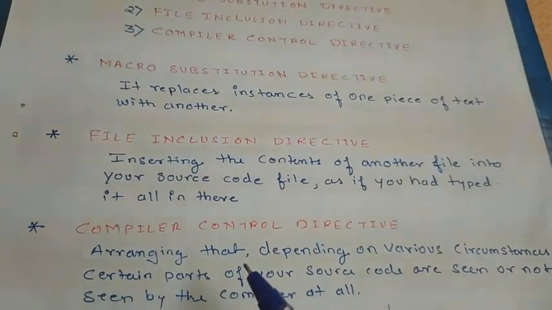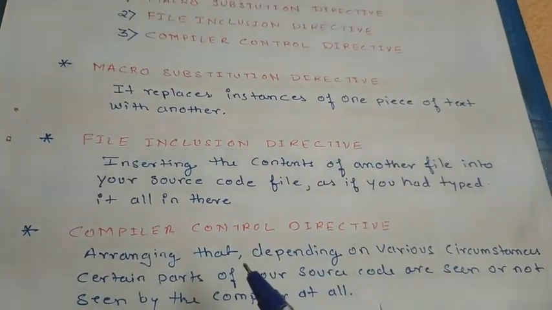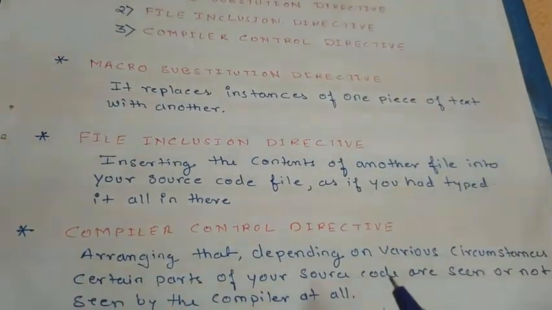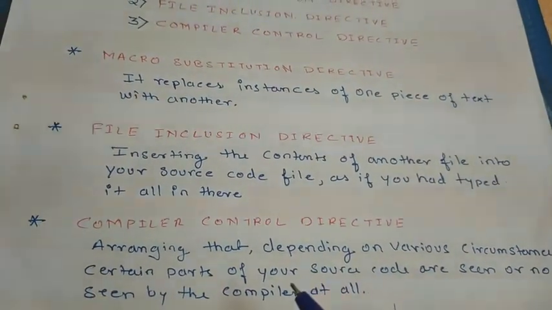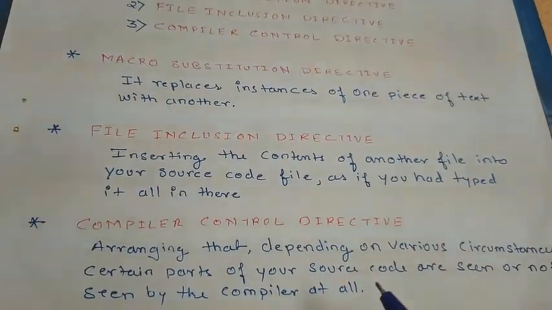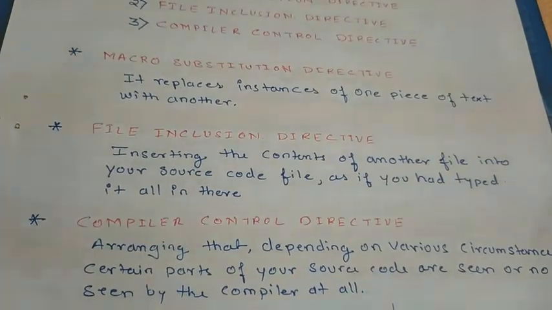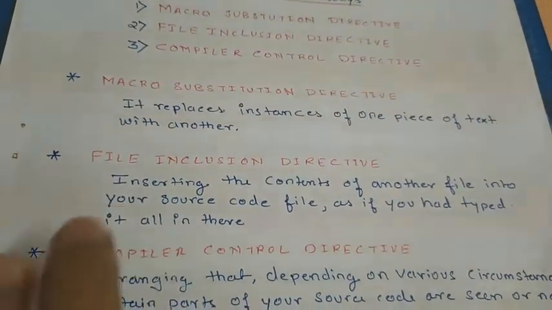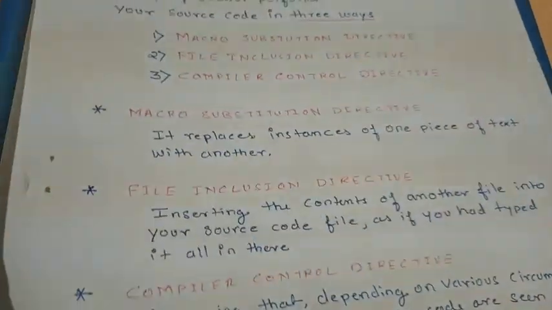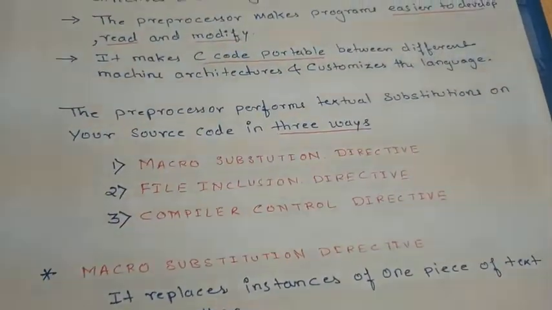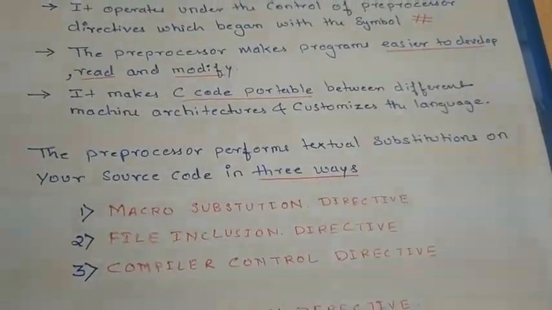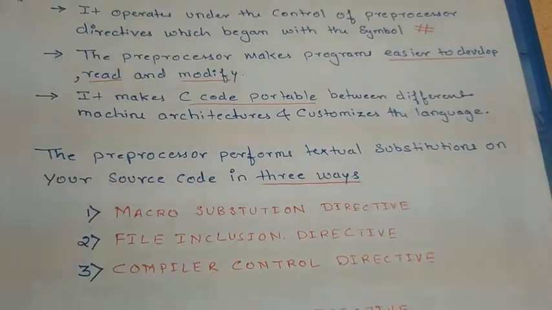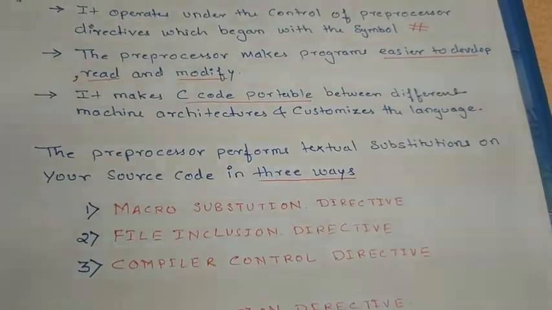It arranges, depending on various circumstances, that certain parts of your source code are seen or not seen by the compiler at all.